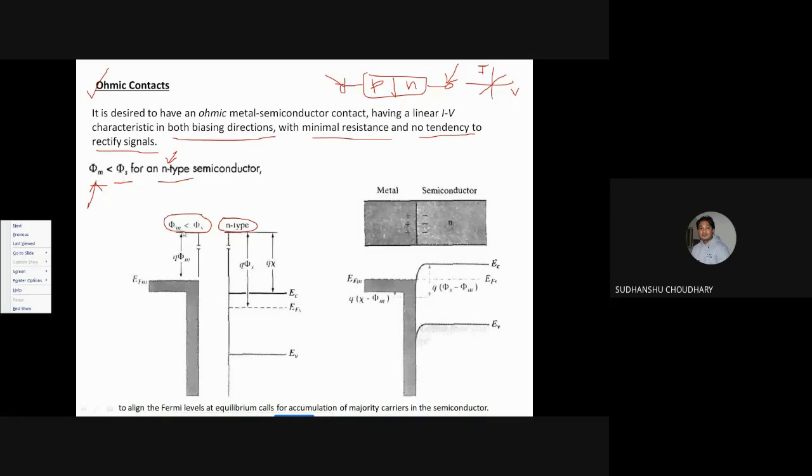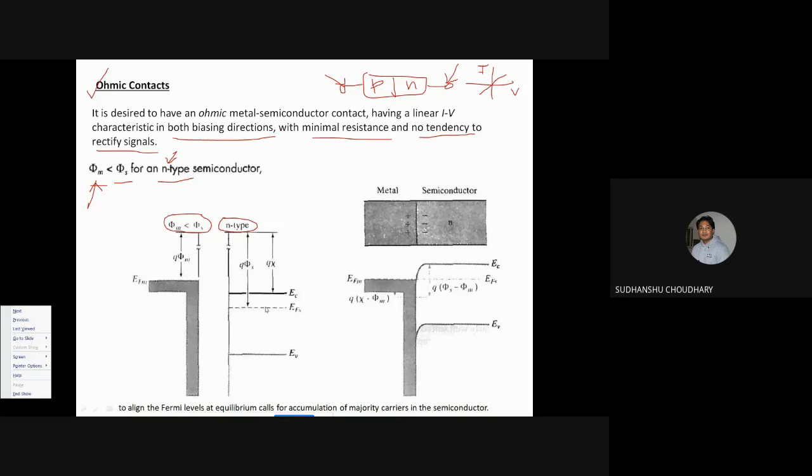So in this case, let us consider the work function of the metal is less than the work function of the semiconductor, and I have an N-type semiconductor. Now again the Fermi level alignment will happen. Okay. Now this time you will notice one difference over here: in this case the average energy of the electron on the metal side is greater than the energy of the electron on the semiconductor side.